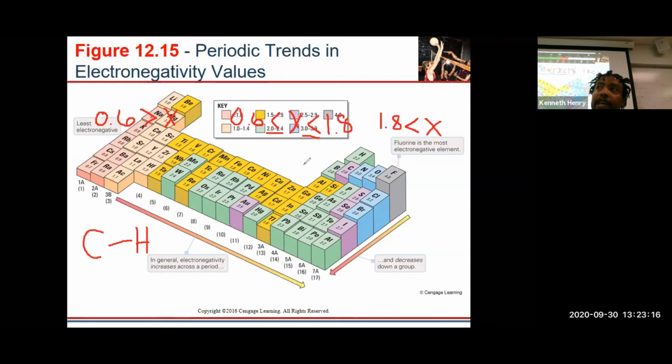We take the difference between the two electronegativity values. So carbon is 2.6, and hydrogen is 2.2. We subtract these from each other, and that value is 0.4. If that value is less than 0.6, then it's going to be nonpolar, meaning they're going to be sharing evenly.